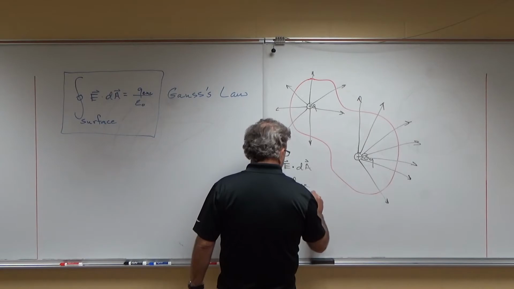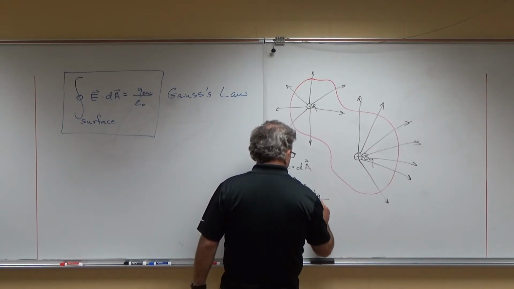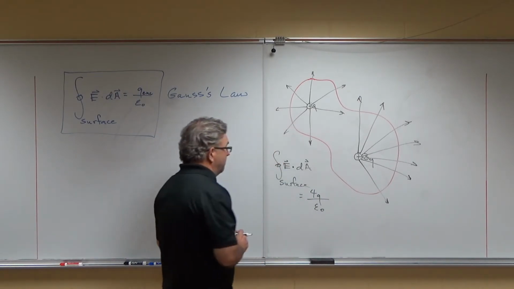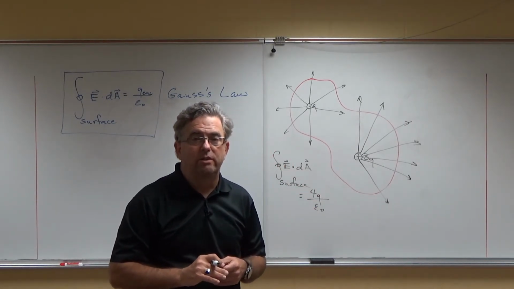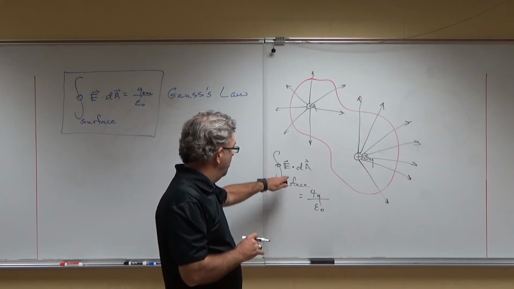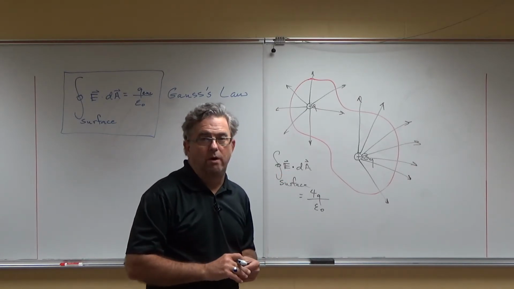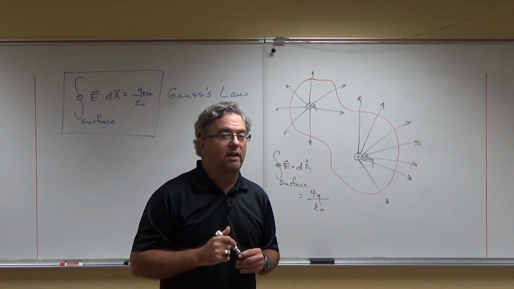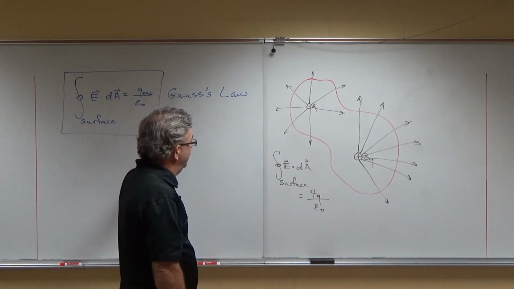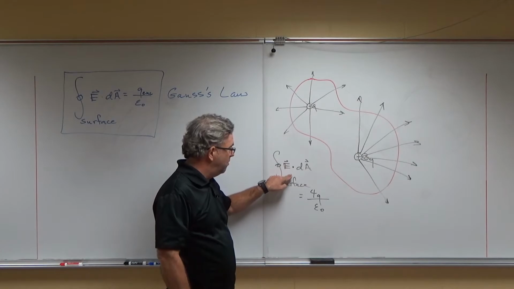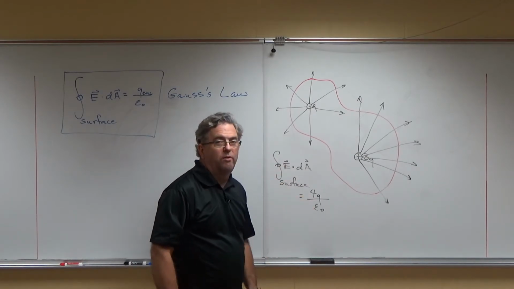That's going to be equal to 4Q over epsilon naught. That's how much charge I've got enclosed. Actually doing the integral would be a chore. But I don't have to do the integral because I know it's a closed surface. Gauss's law guarantees me that if I do this integral, I'm going to get 4Q over epsilon naught.